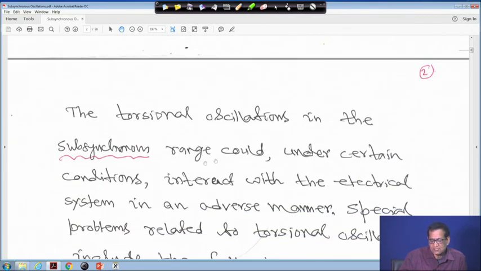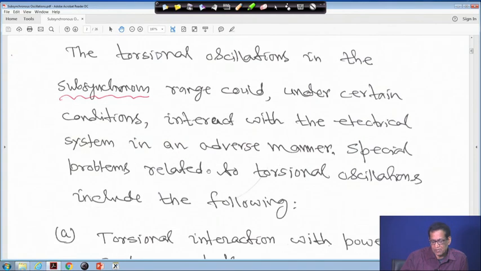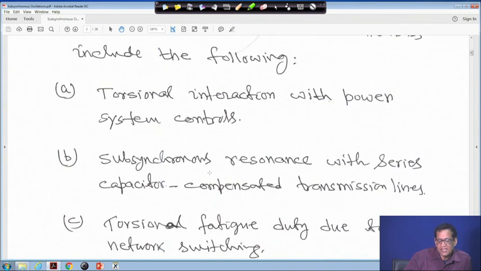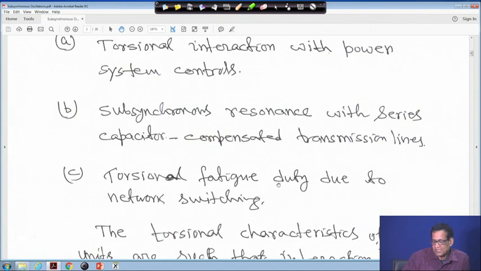The torsional oscillations in the sub-synchronous range could, under certain conditions, interact with the electrical system in an adverse manner. So, the special problems related to the torsional oscillations include the following: torsional interaction with power system controls, sub-synchronous resonance with series capacitor compensated transmission lines, and torsional fatigue duty due to network switching.